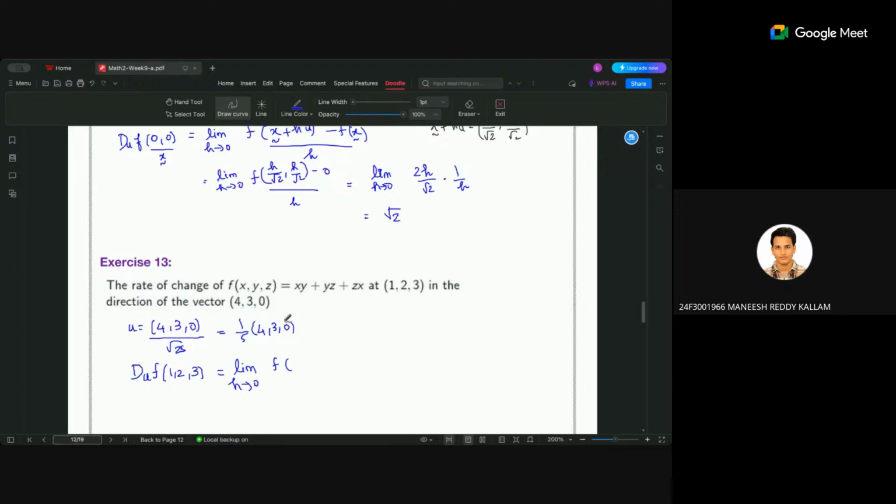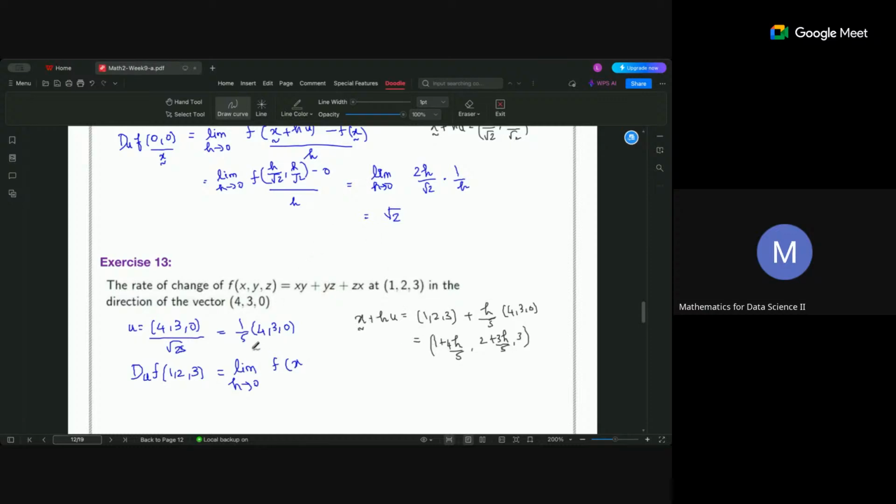So (1, 2, 3) plus h by 5 times (4, 3, 0). So you have 1 plus 4h by 5, 2 plus 3h by 5, and then 3. This is x tilde plus hu.